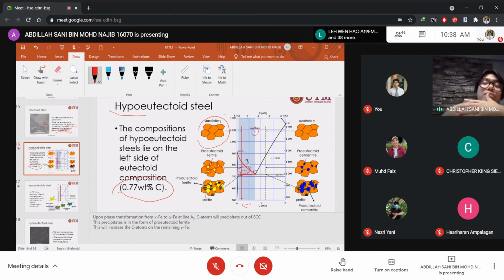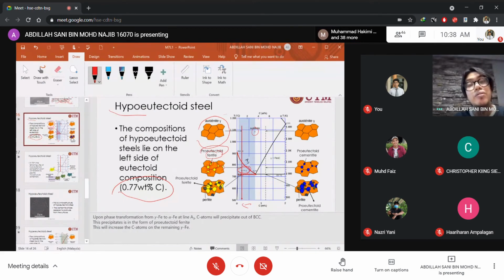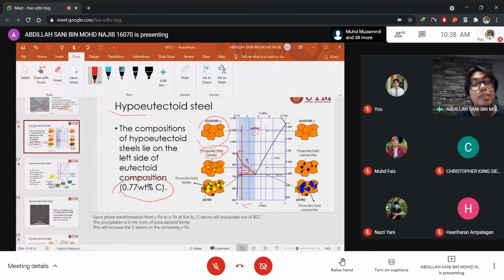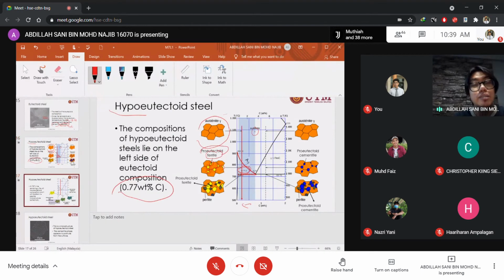They form this lamella structure, and those ferrite which formed before the eutectoid line, we call them pro-eutectoid, or maybe we can also call primary. Yeah, this is hypoeutectoid.